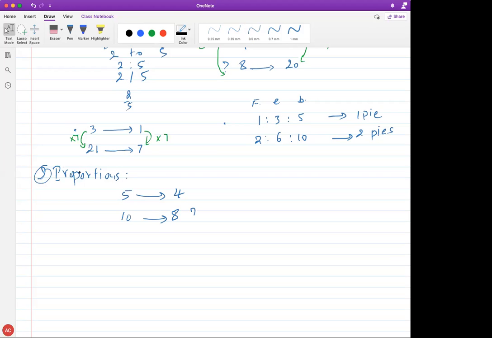And to confirm that this is actually true, you can check the proportionality by cross multiplying. If we cross multiply, this should be equal.